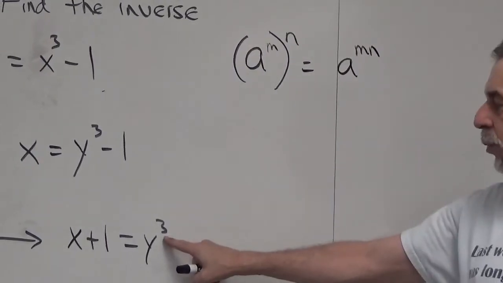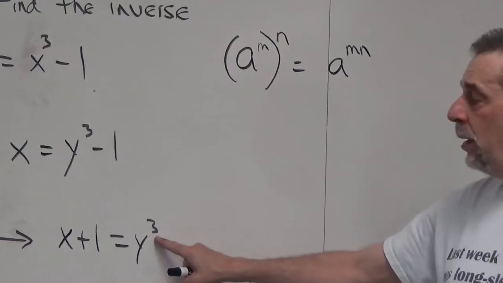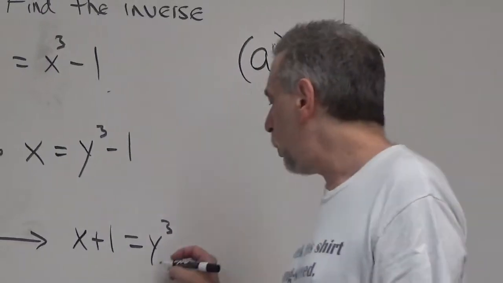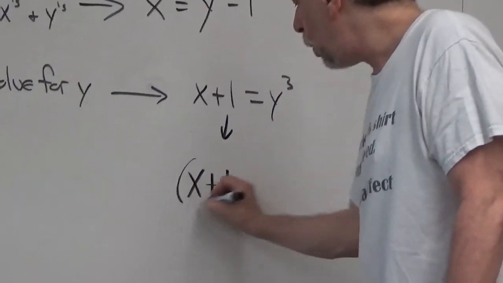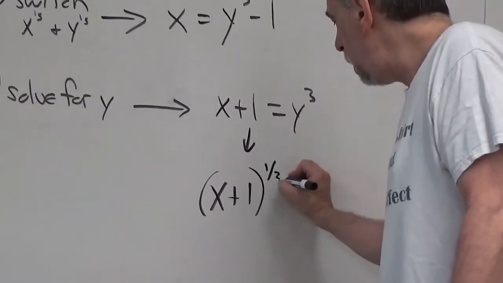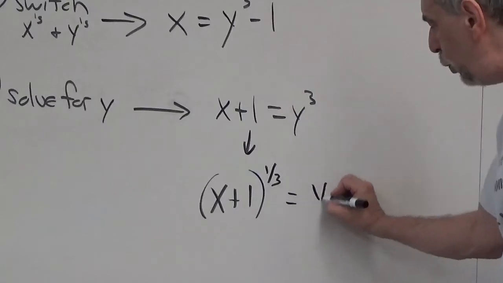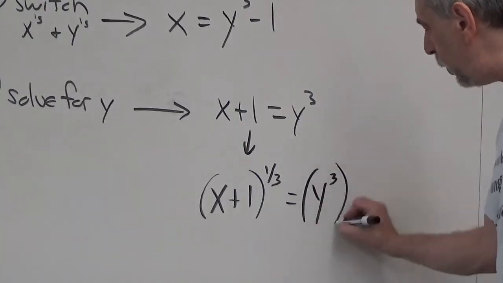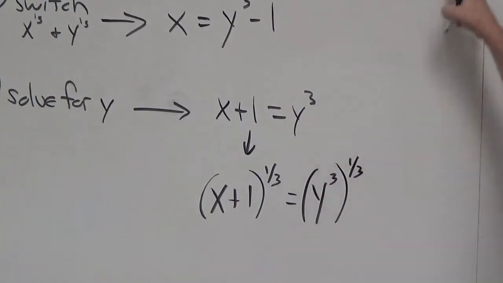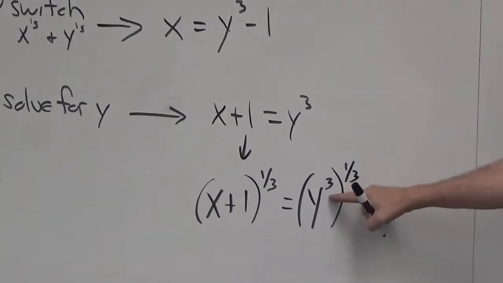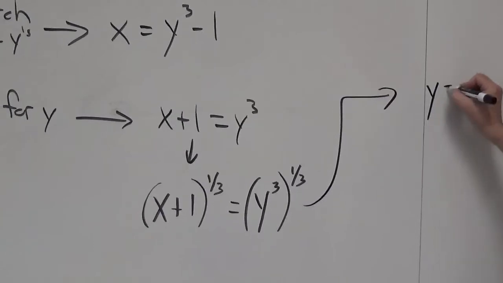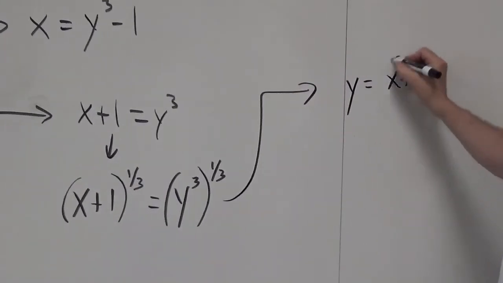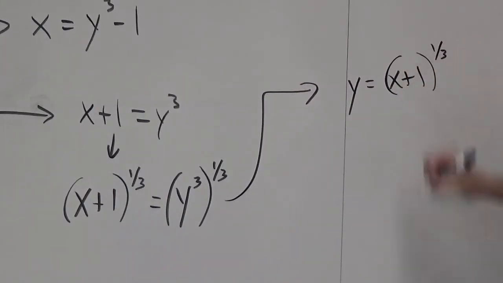So really we're saying, what do we multiply 3 by to get 1, which is 1/3. So now we're going to raise both sides to the 1/3 power, and y cubed raised to the 1/3 is going to give us y to the first. We'll come over here and say y to the first equals x plus 1 to the 1/3.